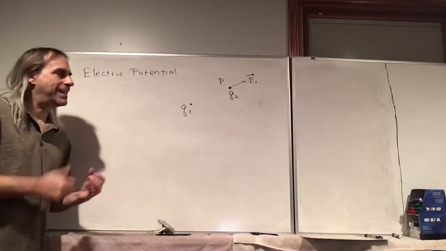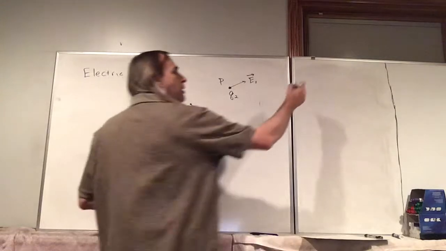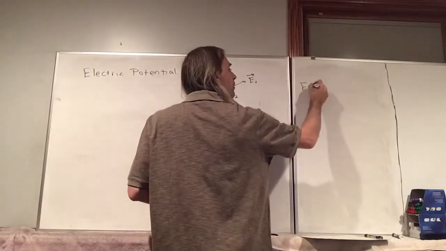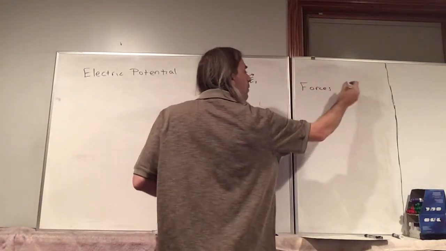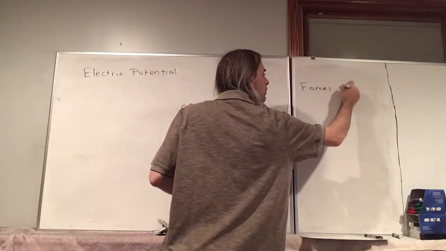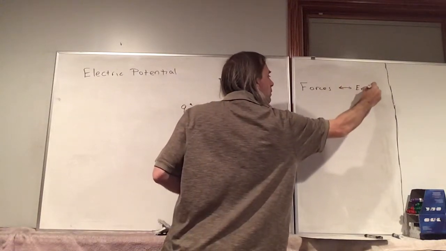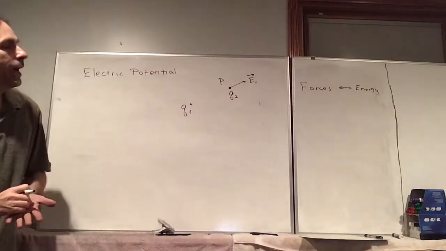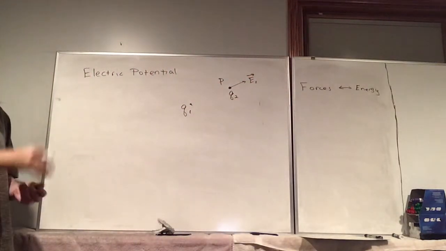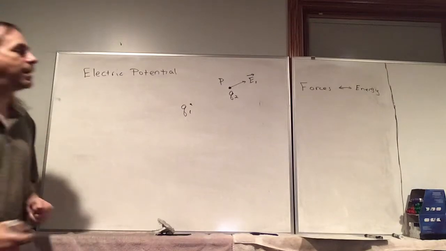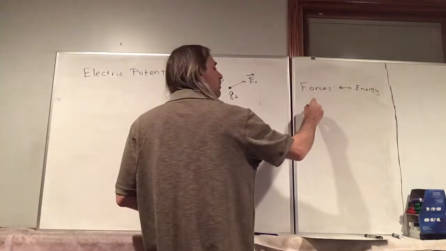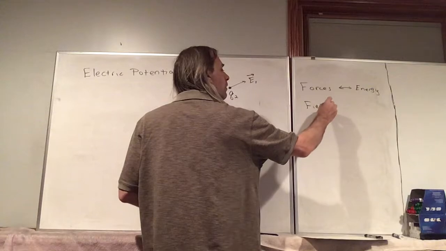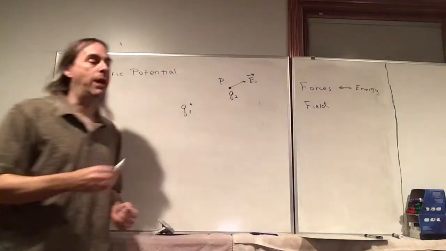But we want to do the same thing. So we've got forces and energy. And from forces, we abstracted this idea of an electric field. And we want to do the same for energy.